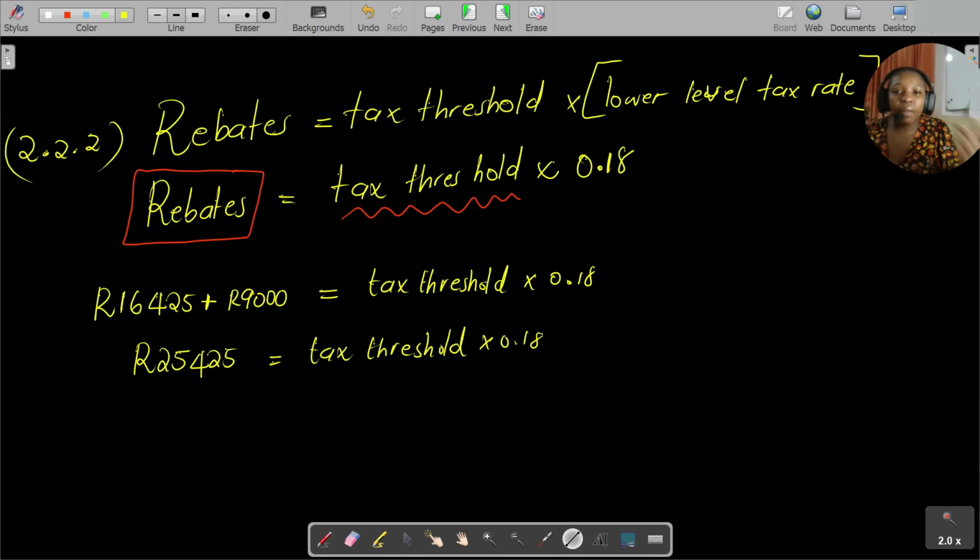So here, remember, we are trying to solve for the tax threshold. We're trying to determine how much the tax threshold is, so we're trying to isolate it. I'm going to divide both sides by 0.18.